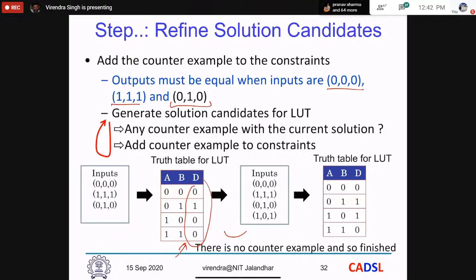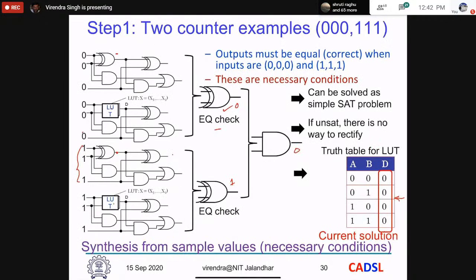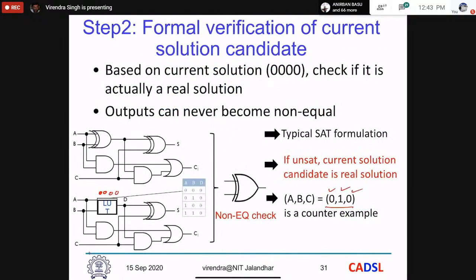And the next one would be, I say, okay, now I fix my LUT values. Here I fix my LUT values, and then try to find out whether there is any more counter example. So whether there exists any set of ABC for which the output is different.